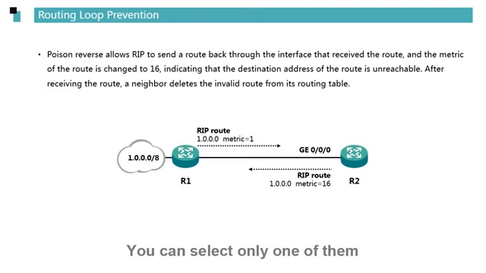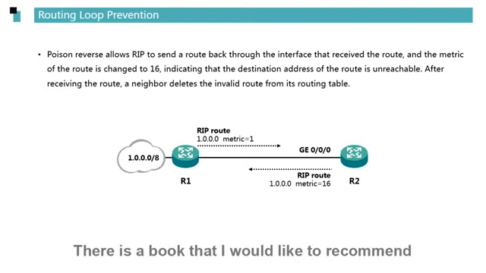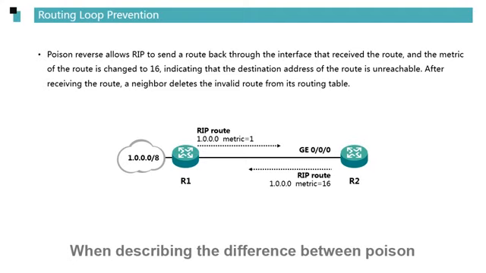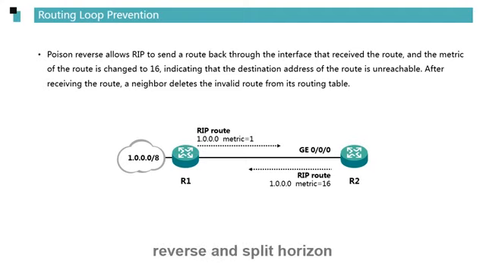You can select only one of them. There is a book that I would like to recommend to you, Routing TCP/IP Volume 1. When describing the difference between poison reverse and split horizon, the book is cited as saying, "Bad news is better than no news."